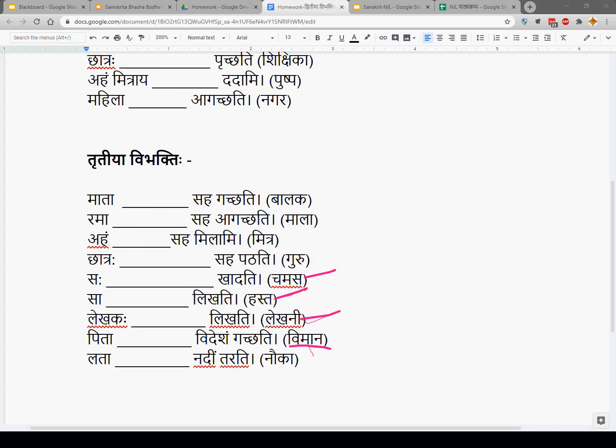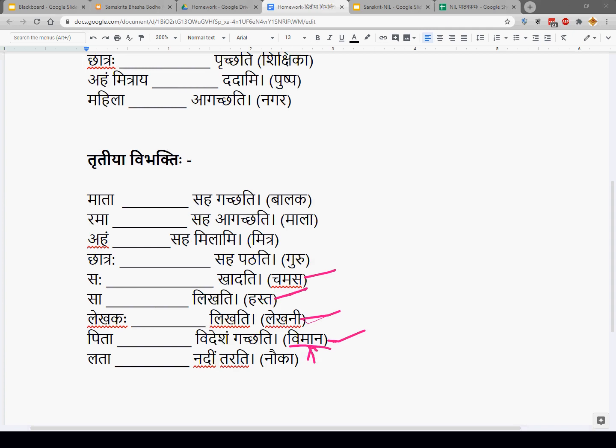Anybody else want to answer? Maybe Napumsakalinga. Yeah, Vimanam, like Vanam, like Phalam. So Vimanam is Napusakalingam in the first case ending.